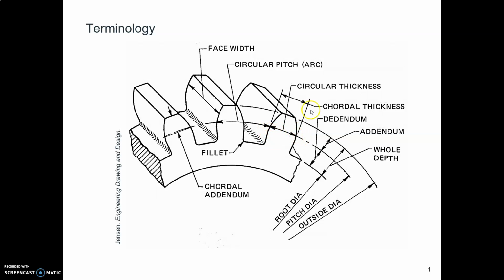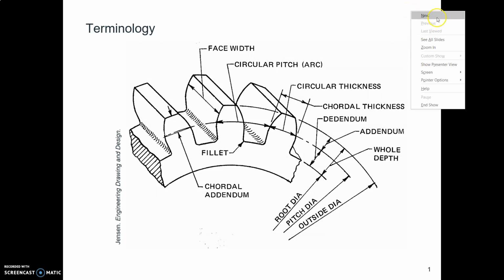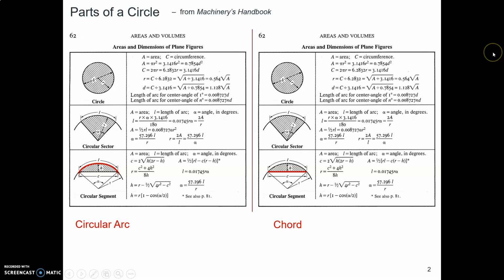You could also measure the thickness of the tooth in a straight line from one point to another. That's called the chordal thickness. And here on this left-hand tooth, you see a line that is the chord. There's the chordal addendum.